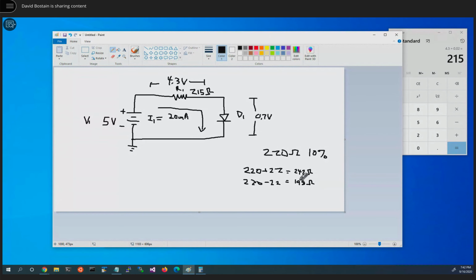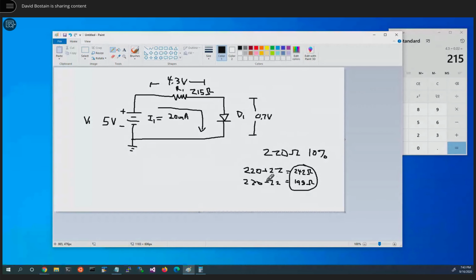So what we would need to do is check both of these values. First of all, check the smallest one, because that'll give us the most current, if you think about how Ohm's law is formed. Check this one to make sure that we don't have so much current that we would burn up the diode. We also have to check that, because this will give us a lower current, that at 242 ohms, we have sufficient current to run the circuit for whatever we need to do.